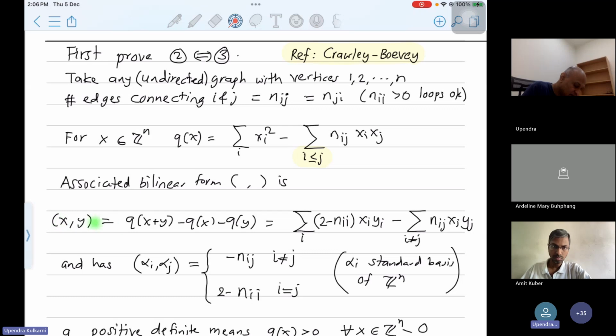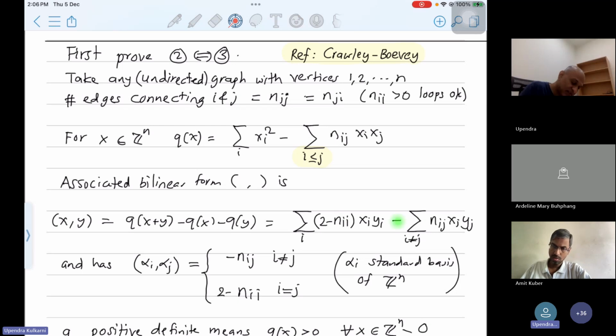So looking at the formula for this bilinear form, I can write down its matrix. Remember that the alphas are just the standard basis. So alpha_1 is just 1, 0, 0, 0, and so on. I can read off from this formula the matrix of this bilinear form, which is going to be, if i is equal to j, then I simply get 2 minus n_ii, which is coming from here.